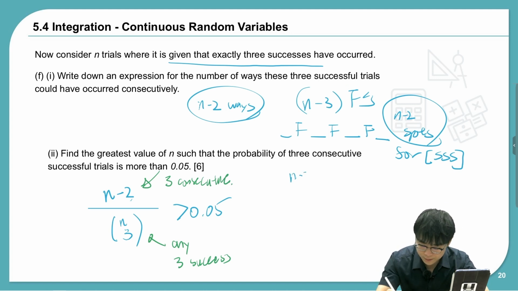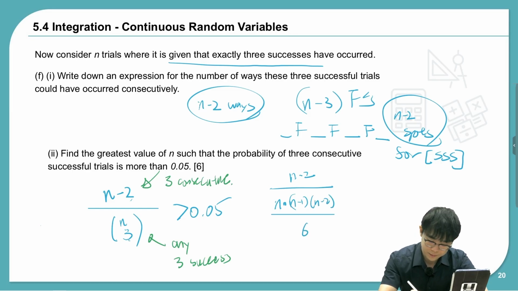So we'd have n minus 2 over... this one would be n times n minus 1 times n minus 2 over 6, right? Because we'd have n factorial over n minus 3 factorial times 3 factorial.